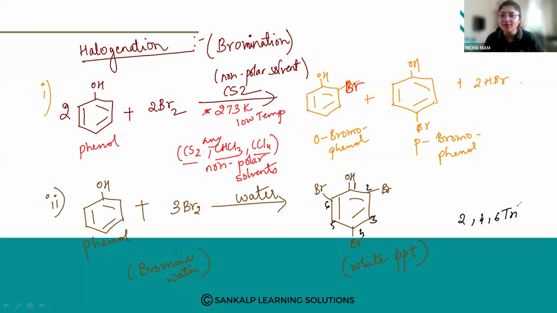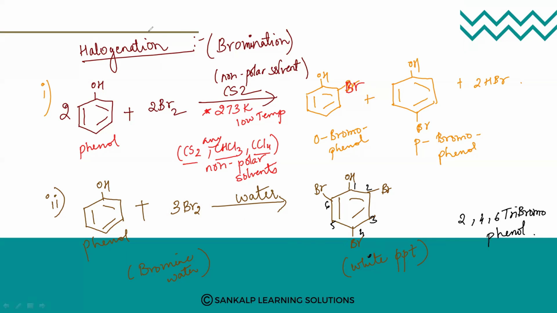The name of the compound is 2,4,6 tribromophenol. So when you react phenol with bromine water, you get a white precipitate, 2,4,6 tribromophenol.